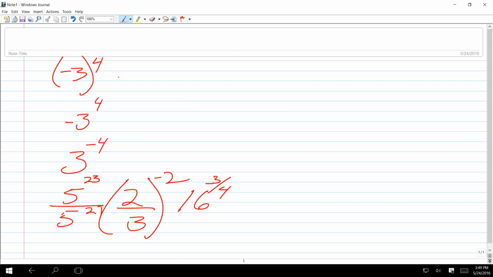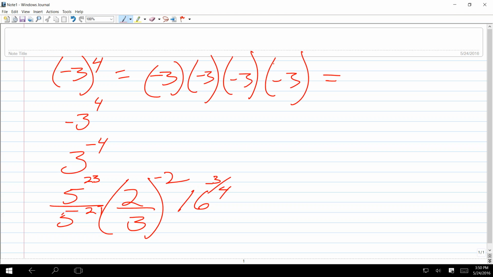All right, let's talk about the first one. The difference between the parentheses and no parentheses. This 4 applies to everything in the parentheses. So we're going to take -3 and raise it to the 4th, which is equal to positive 81.